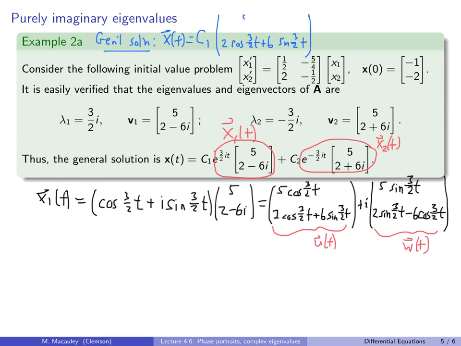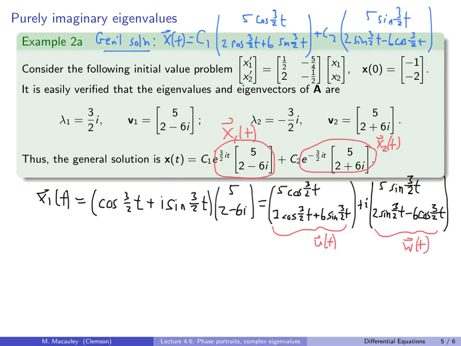And on the top we have 5 cosine of 3 halves t, and then plus c2 times the bottom is going to be 2 sine 3 halves t minus 6 cosine of 3 halves t, and the top is going to be 5 sine of 3 halves t.